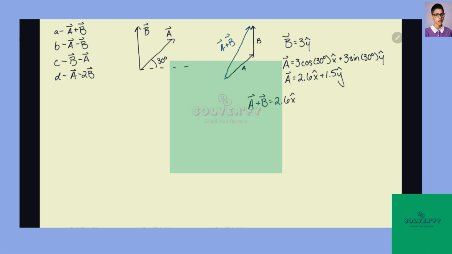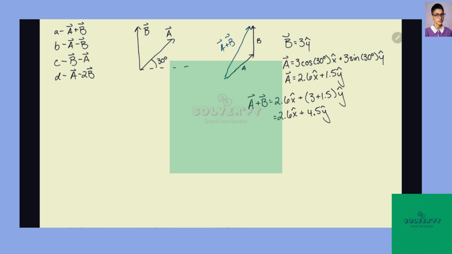So I have 2.6 x hat plus, and now I add these y components together. So that's going to be 3 plus 1.5 y hat. Putting that together, that's going to be 2.6 x hat plus 4.5 y hat. All right.